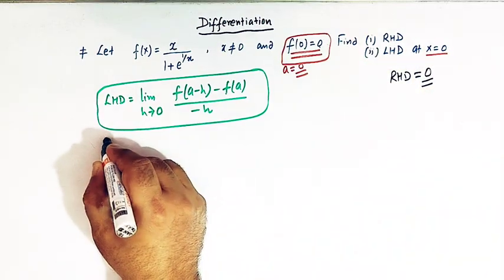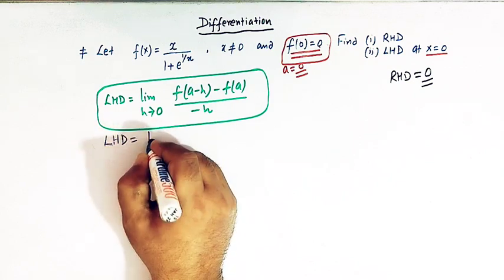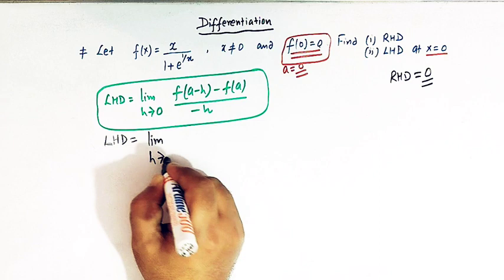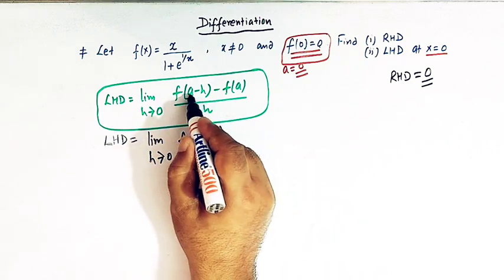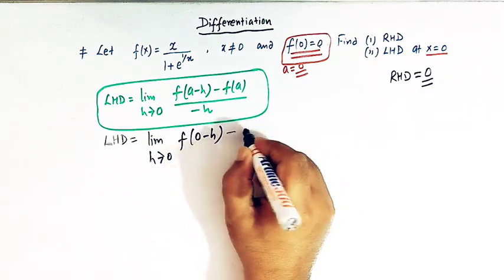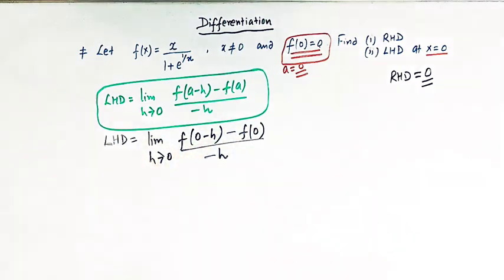So now we can write the left-hand derivative as limit h tends to 0, f of 0 minus h, taking a equal to 0, minus f of 0, divided by minus h, right?